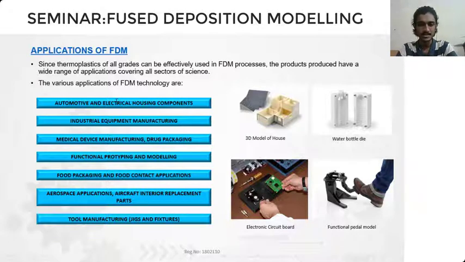In all these sectors, FDM has its own upper hand, and it's further developing in order to bring a vital change in these sectors.